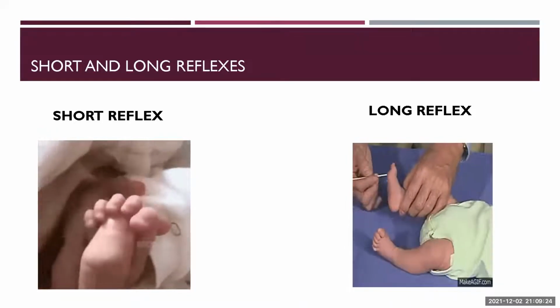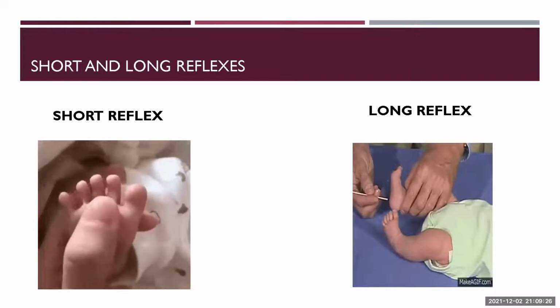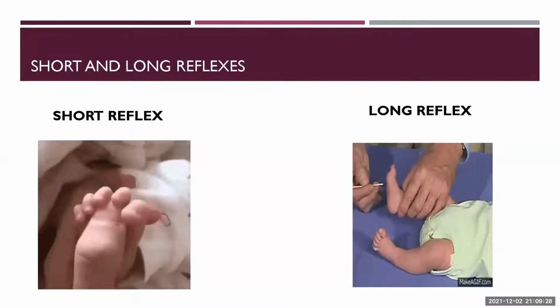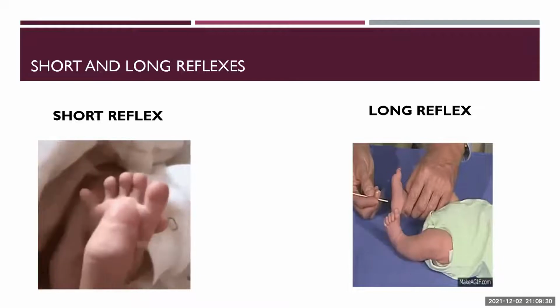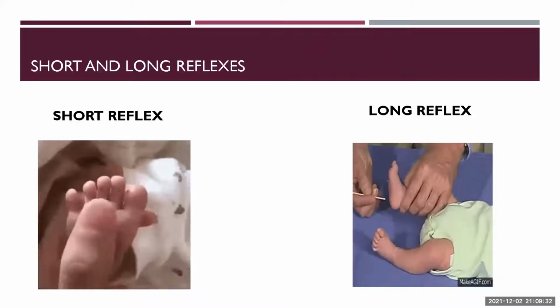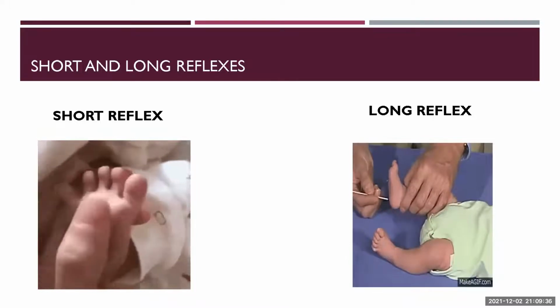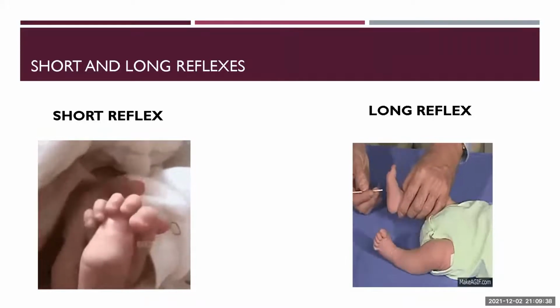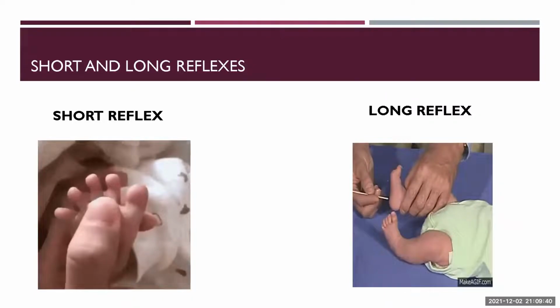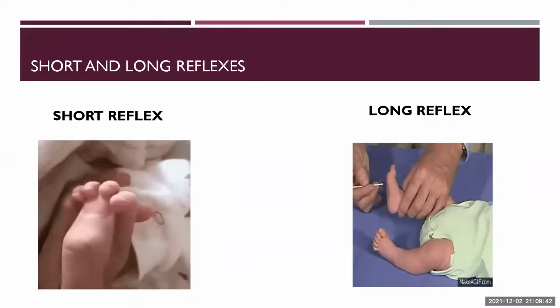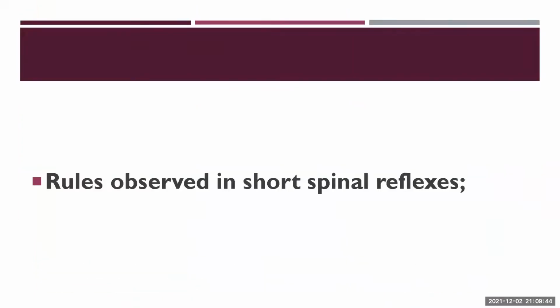In the figure, you can see that in the first figure, when the stimulus is given to the sole of the foot, the reflex is also produced in the same area. In the long reflex, when the stimulus is given to the sole of the foot, you can see that the opposite limb is producing a reflex. So that is about short and long reflexes.